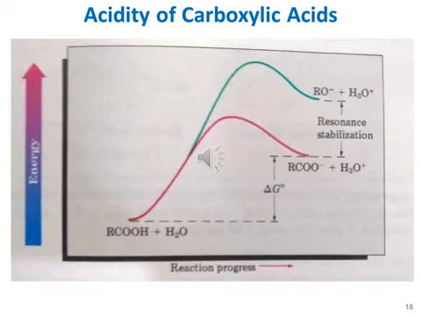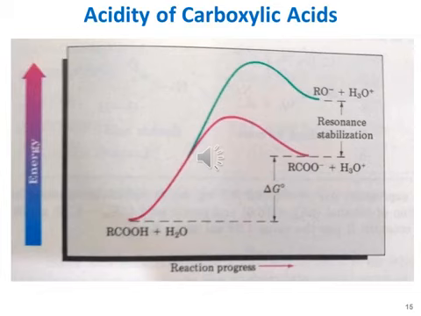Another factor that determines the relatively higher acidic strength of carboxylic acid than alcohol is the energy of formation of the carboxylate and the alkoxy anion.